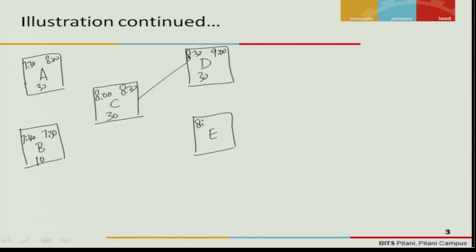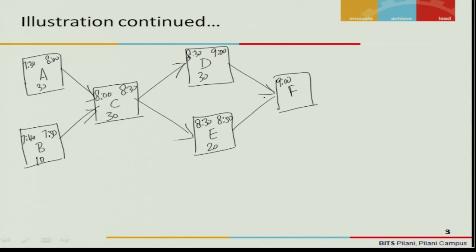You start your work at 8:30 and do it for 20 minutes to complete it by 8:50. All of you assemble in the conference hall and the meeting begins at 9 o'clock. Okay, let us connect all these things by a set of arrows, and this becomes a primitive network diagram.